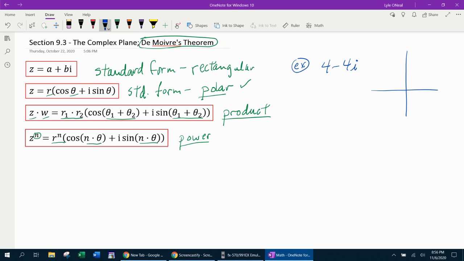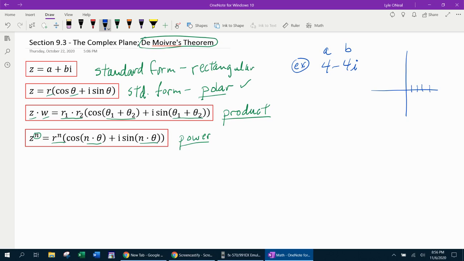So to plot a complex number in the complex plane is pretty much like plotting an x and a y in the rectangular coordinate system. So we said that the a is 4 and the b is negative 4. So the a would correspond to the x coordinate, 1, 2, 3, 4.